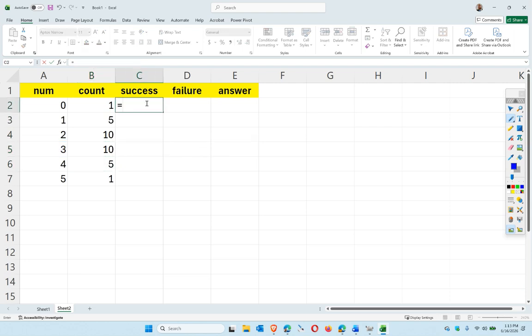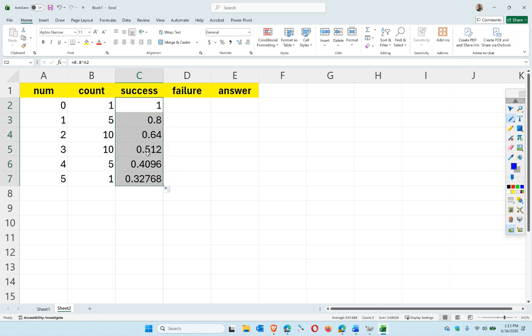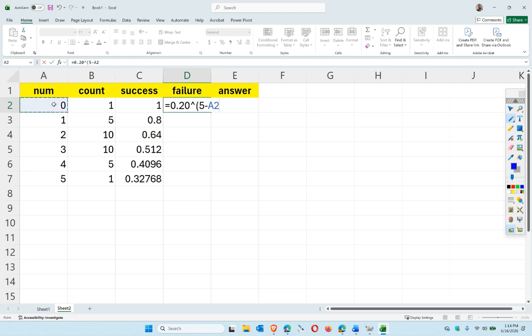All right, so success chance here is 80%, so 80% to the power of 0, right? And we drag that down, right? And we get our successes and failures, right? 80% to the 3, okay? So failures is 20% to the power of parentheses 5 minus the number of successes, correct?